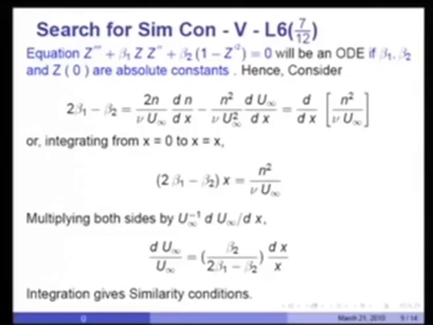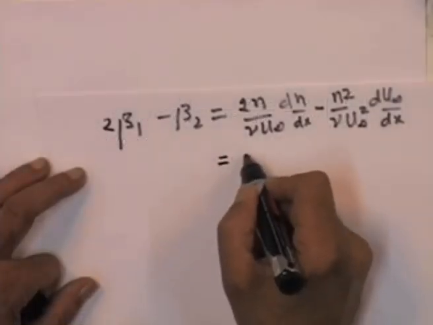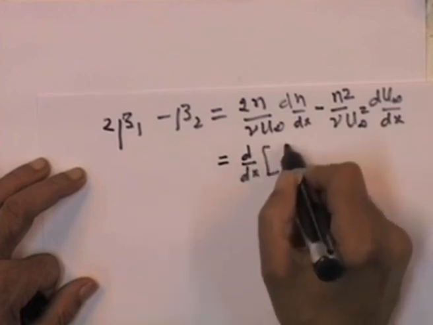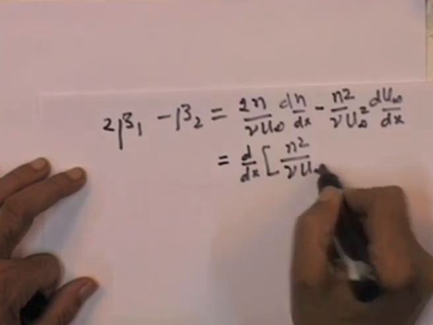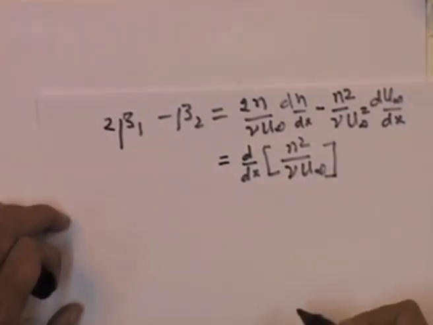If I were to write the right hand side, you will see it can be written as d by dx of n squared divided by nu u infinity, where nu is the kinematic viscosity and it is a constant.